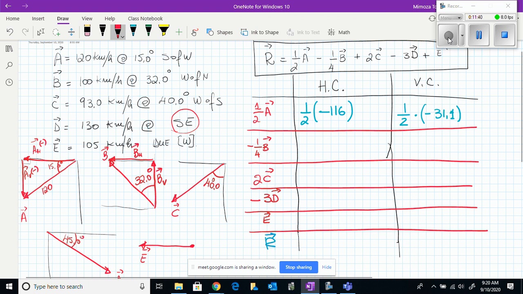Since the vertical component is going in the north axis, it is considered to be positive, and since the horizontal component is going in the west axis, it is considered to be negative.